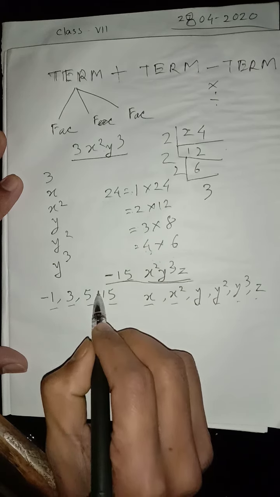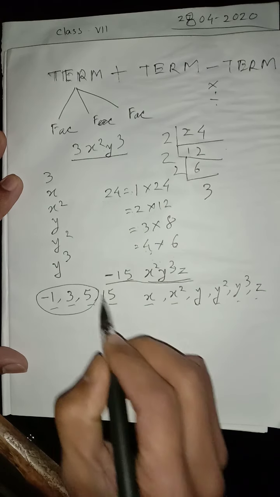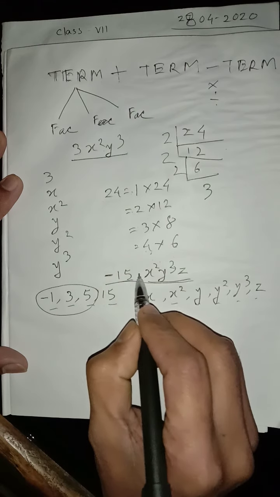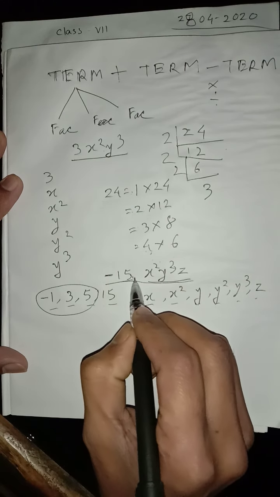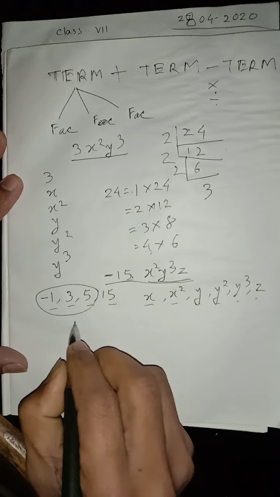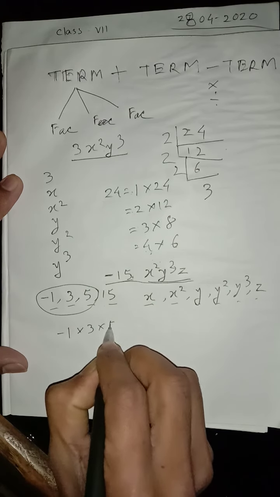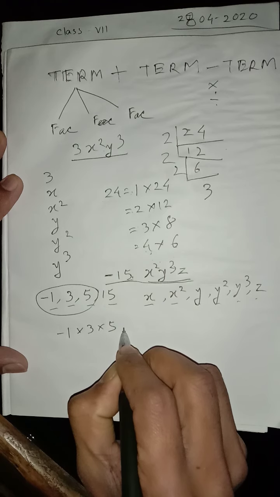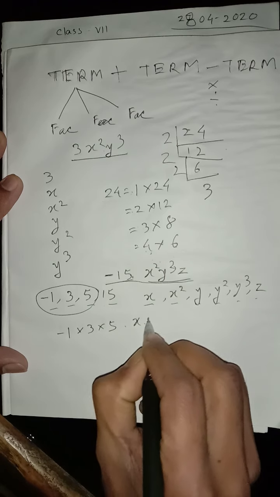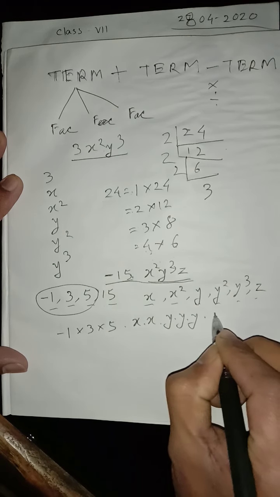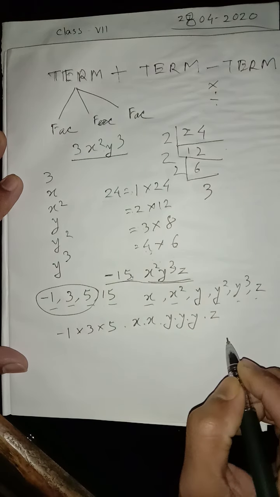But suppose we combine some of these in a group. If we want to write it in factorized form, we can write: minus 1 multiplied by 3 multiplied by 5 multiplied by x multiplied by x multiplied by y 3 times and multiplied by z 1 time.